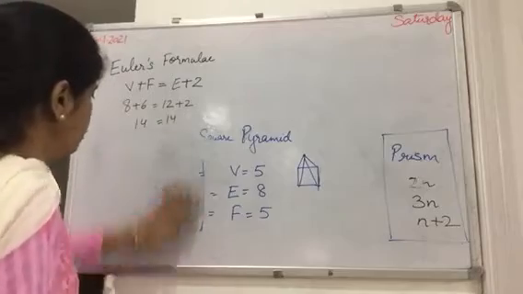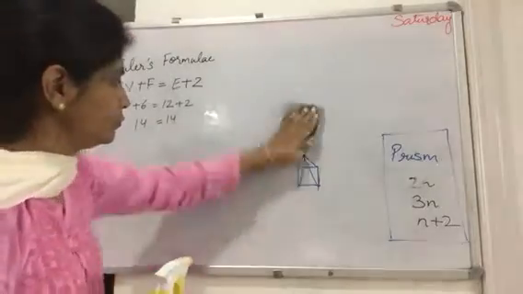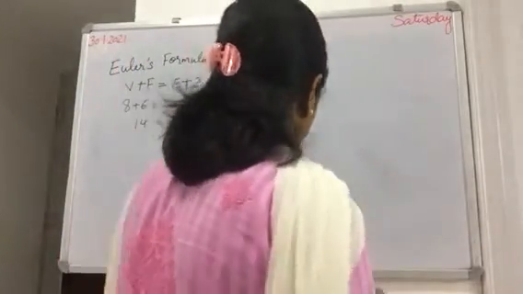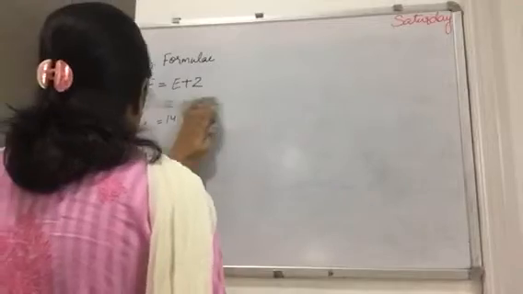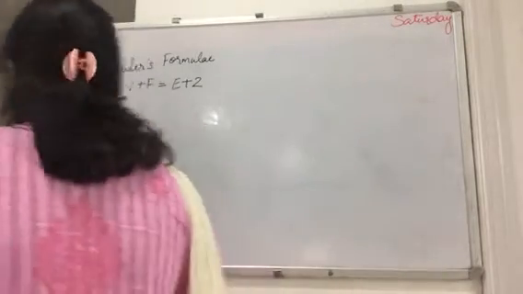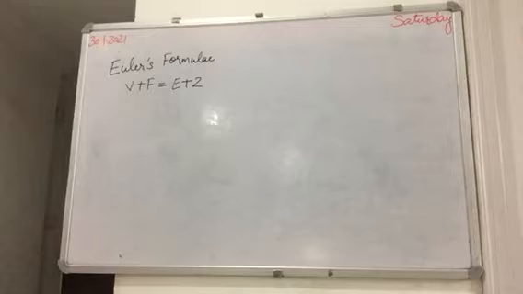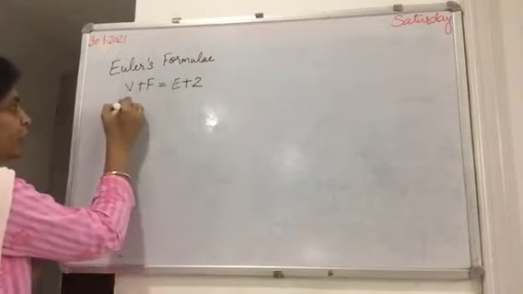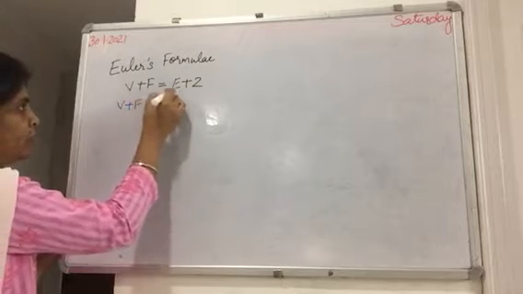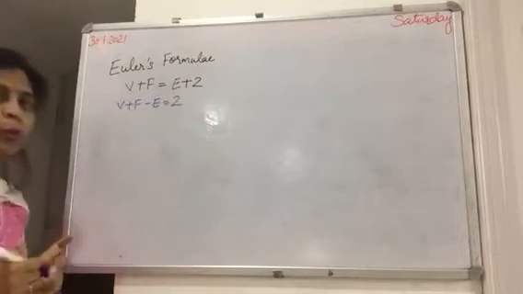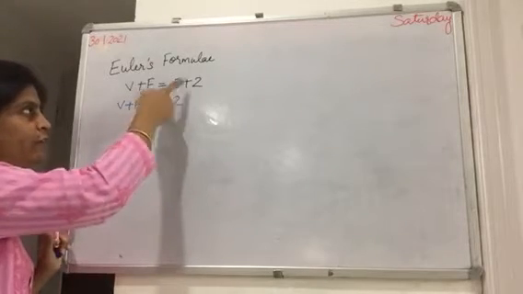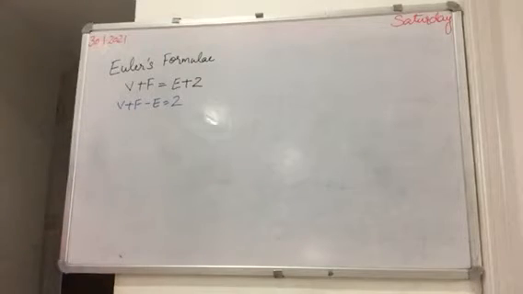Okay, now there are some books in which it is mentioned that the formula will be written as V plus F minus E equal to 2. So it is the same. When we talk about Euler's formula, it is the same. Only, E we will transpose, it will become minus E. Clear about it?